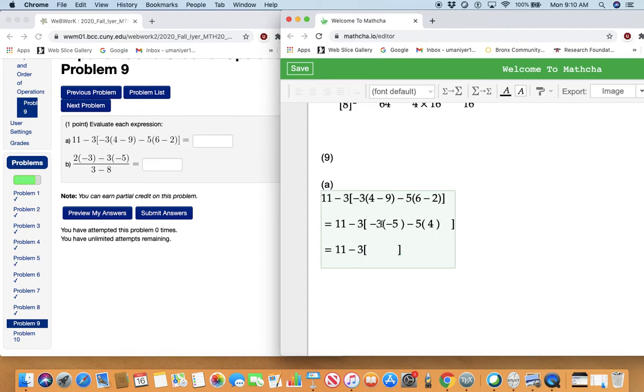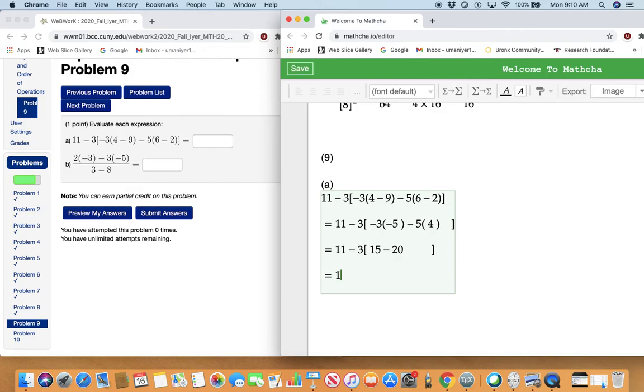There's a multiplication, subtraction, multiplication. Multiplication takes precedence. Negative 3 minus 5. Negative times negative is a positive. 15 minus 5 times 4, 20.